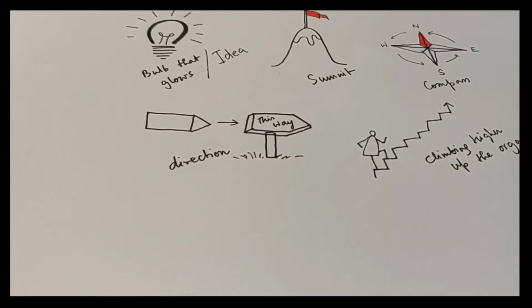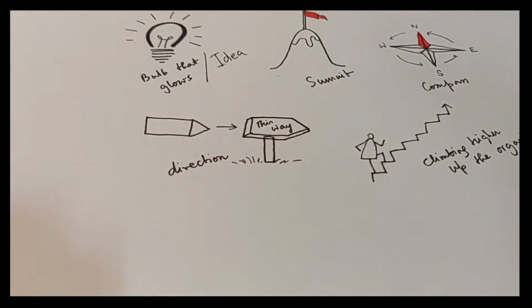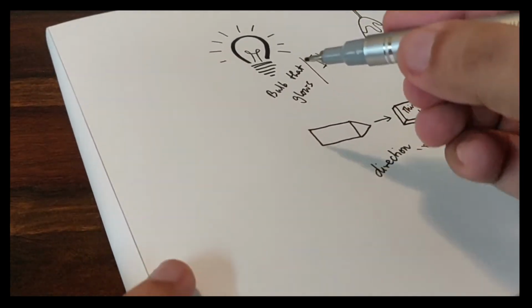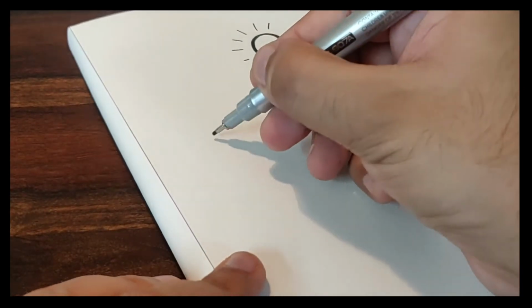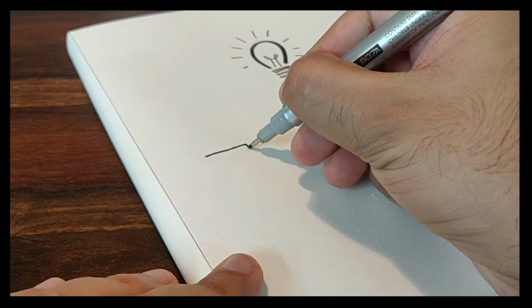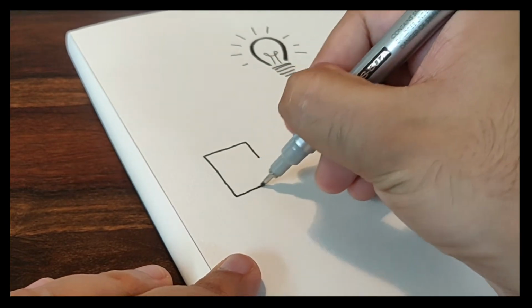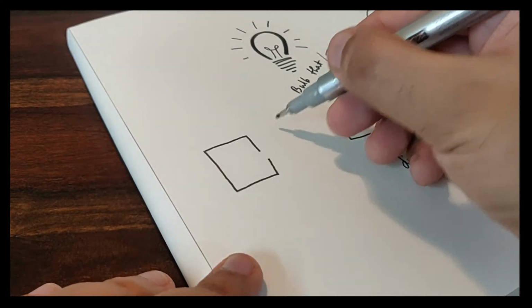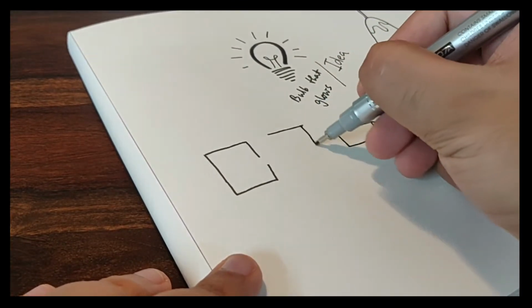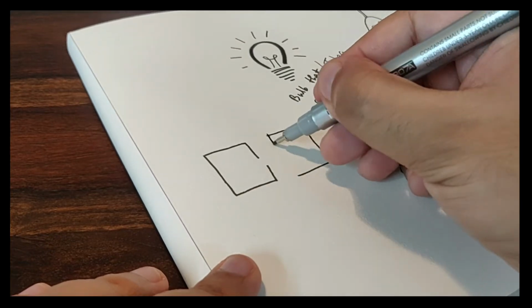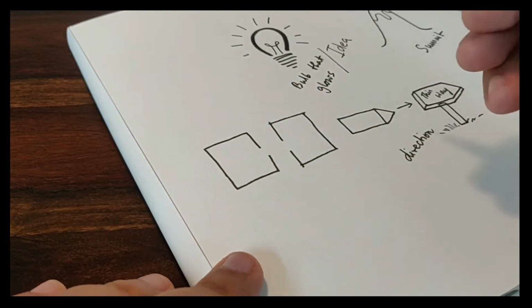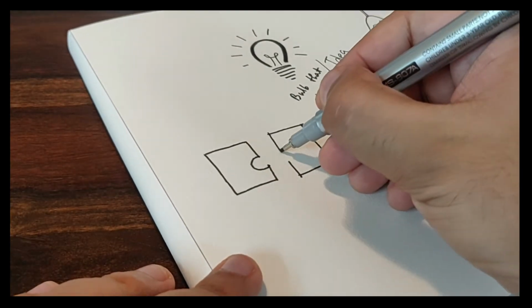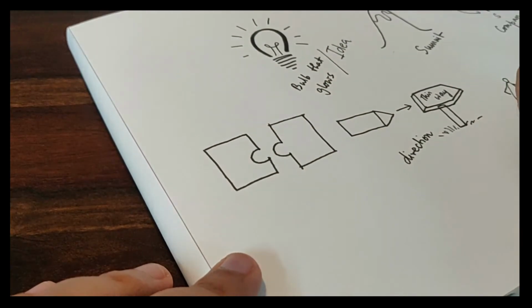Let's now create another useful thing, which is the puzzle shape. It's very easy. I create a rectangle over here, an open-ended, and again a rectangle over here, open-ended. I will put C over here and C over here.